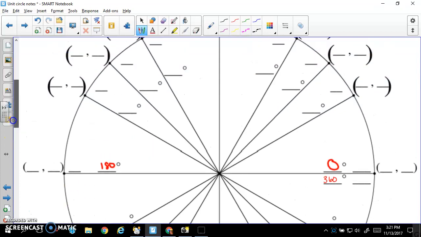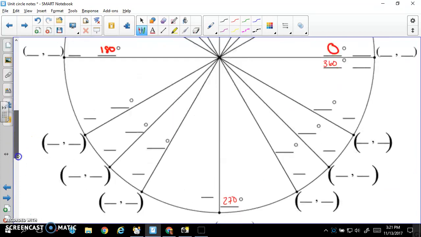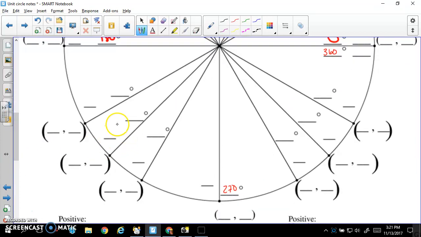Now halfway between 0 and 90 is 45 degrees. Halfway between 90 and 180 is 135 degrees. Halfway between 180 and 270 is 225 degrees.